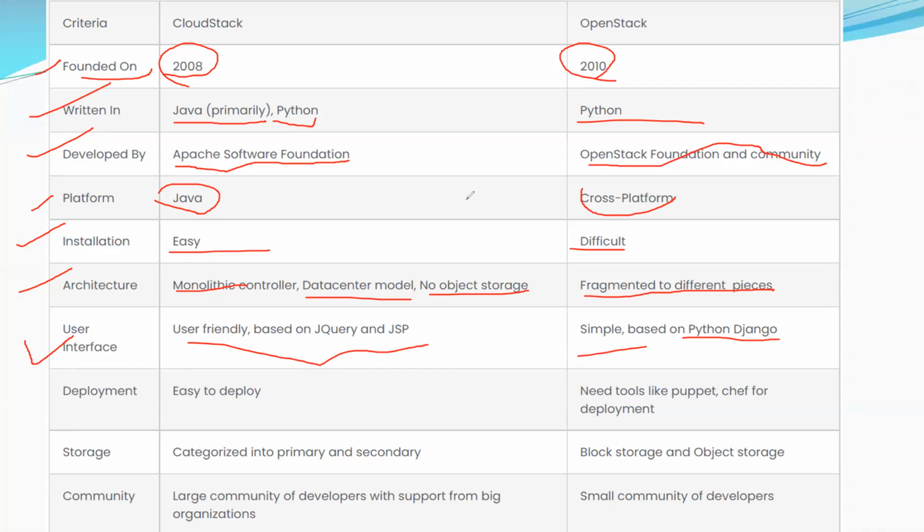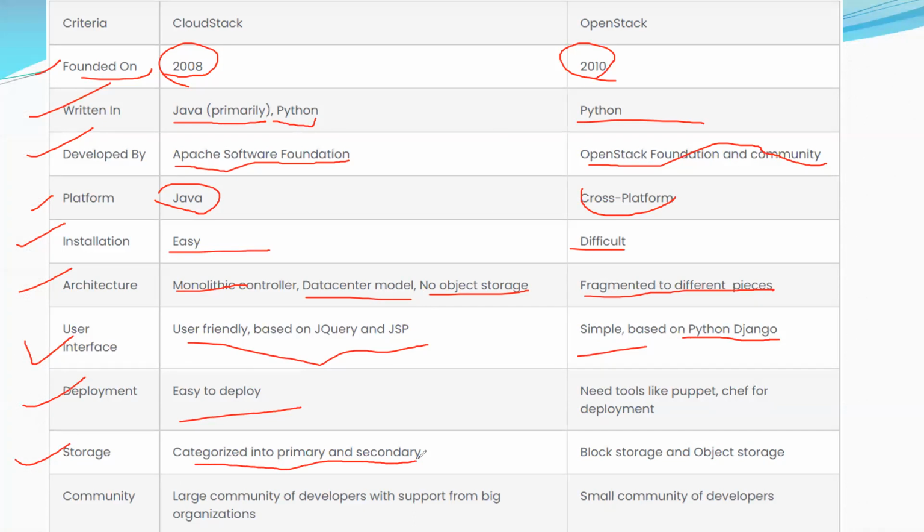Then the deployment. It is easy to deploy CloudStack, and tools like Puppet and Chef are used for deployment of OpenStack. Then storage. CloudStack is categorized into primary and secondary storage.